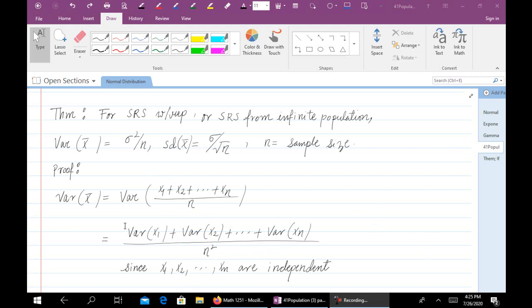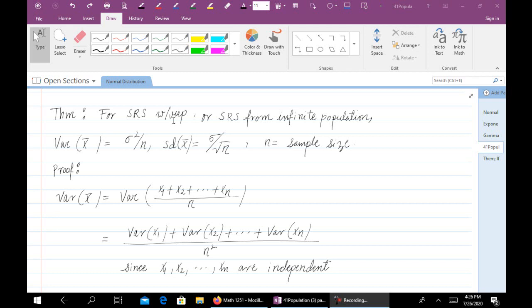And this step can only be done if these variables x1 up to xn are independent. And they will be independent if we are picking a random sample with replacement. Let's go back to the example of height.